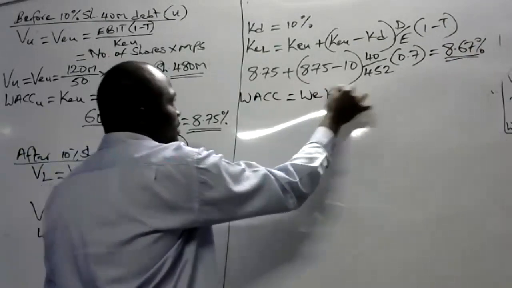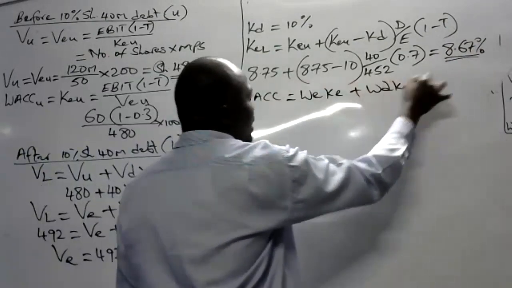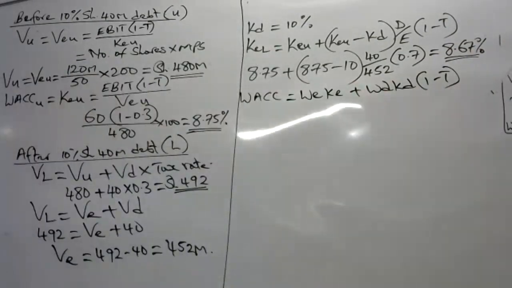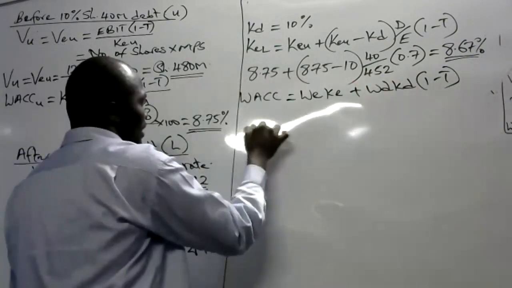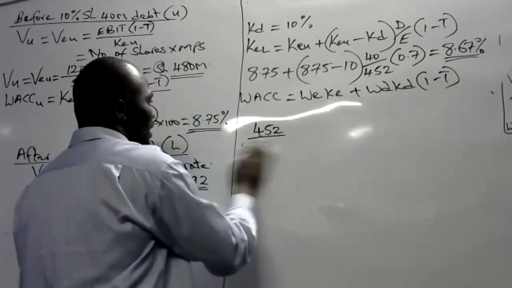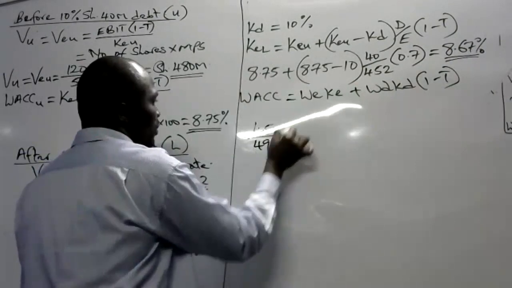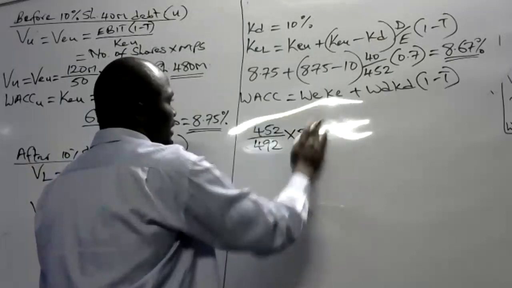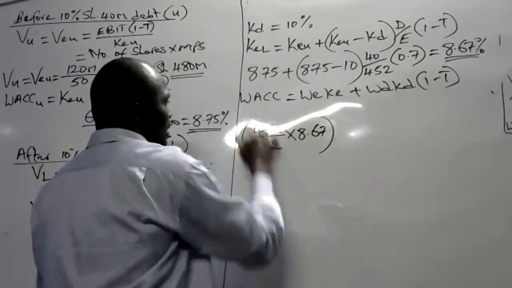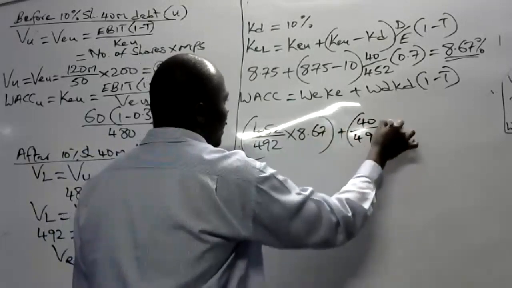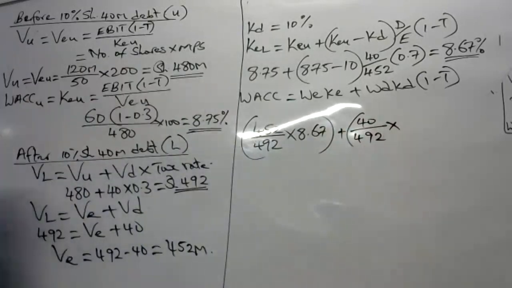So can we have our WACC? KE plus WD KD adjusted for tax. The weight of equity 452 divided by 492, paying 8.67. The weight of debt 40 divided by 492. Ndio.